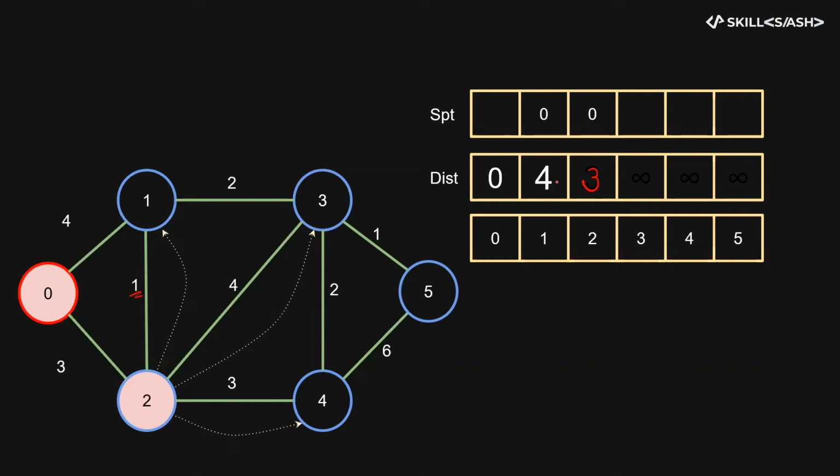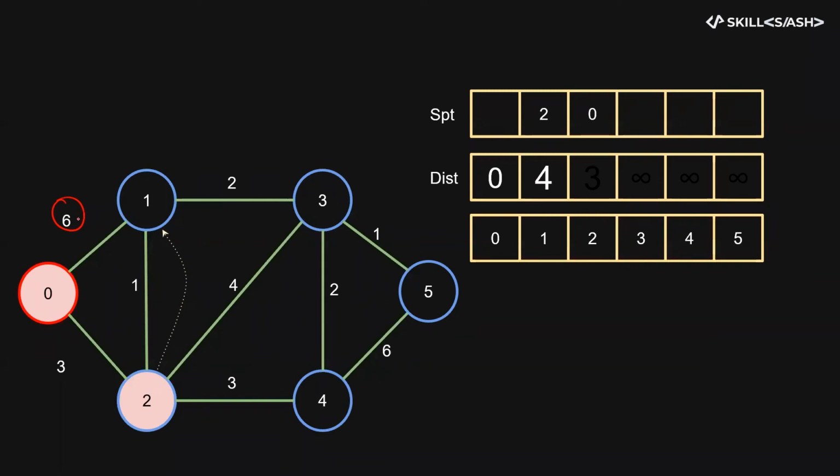What if it's lesser? If it had been something like 6 over here instead of 4, then this value would have been 6. Then I'll see that node 1 is reachable via 3 plus 1, 4 units, which is lesser than the already existing 6.